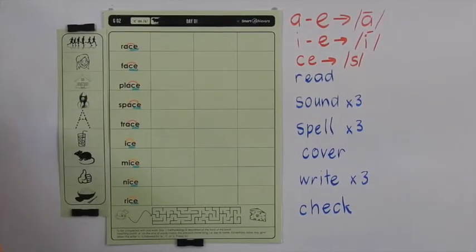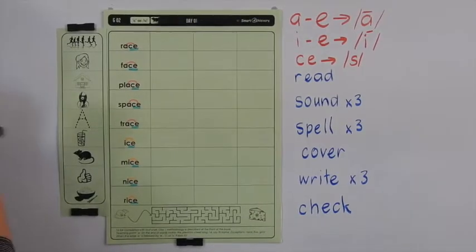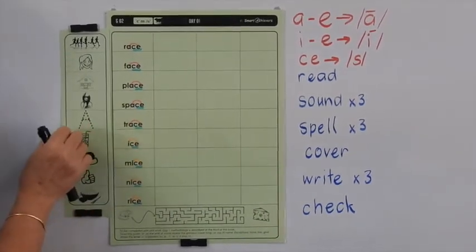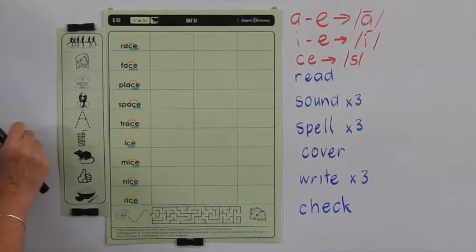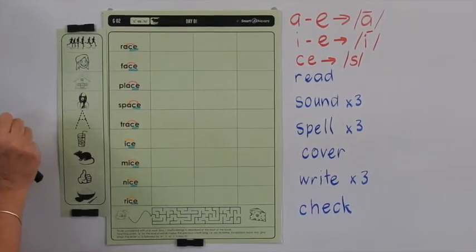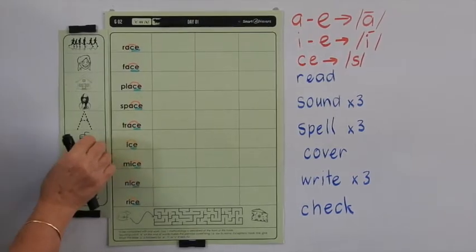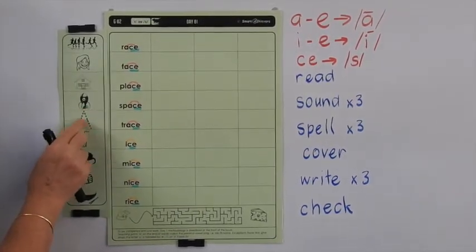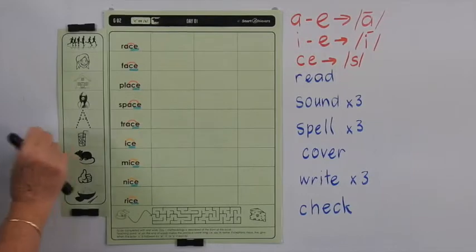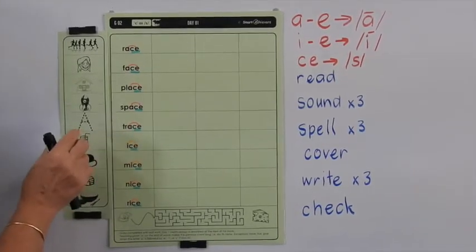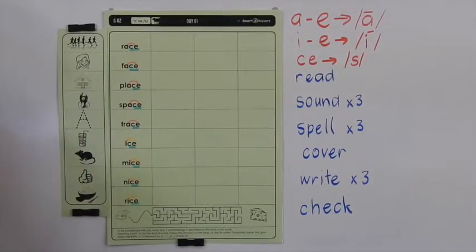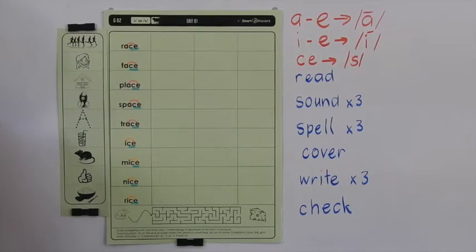It could be your house, it could be a new place that you go and visit. Space is the space we have around us, or it could be the space above us where we have lots of planets and stars. Trace could be where you trace over a letter with a pencil or a pen, and it could be to find someone. So if someone's, say, lost in the bush, the police might have to go out and try and trace them to find them.